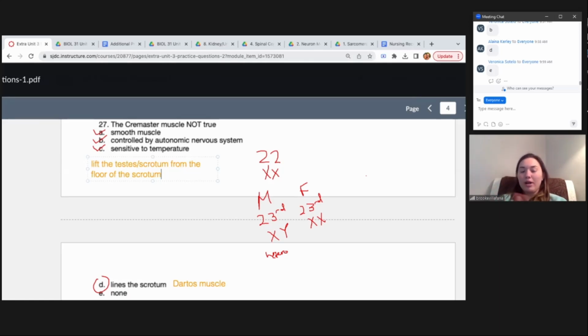I'm just trying to help you guys remember. So dartos muscle, dart from side to side. It lines the entire scrotum to help pull up and inward, versus the cremaster just going basically perpendicular, like a string pulling the scrotum up. Hopefully that's a way to help you make that stick.